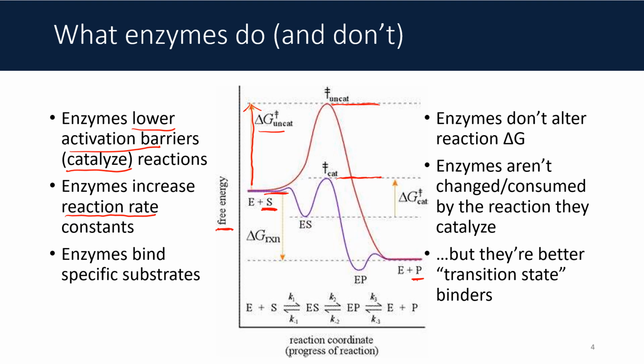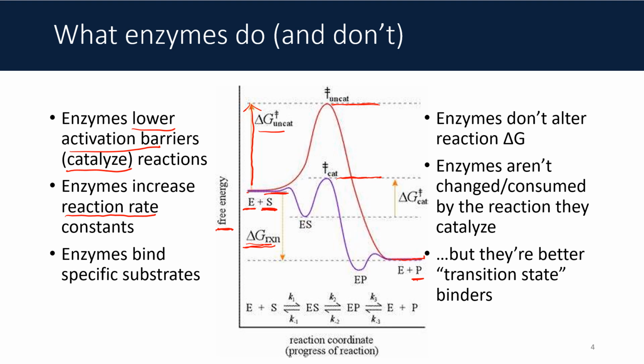You want to know what the presence of that enzyme E does not change? It does not affect the change in energy between the reactant state and the product state. Both the red uncatalyzed coordinate and the blue catalyzed coordinate end at the same energy level. The delta G of the reaction, which is just the energy difference from here to there, isn't going to be affected.